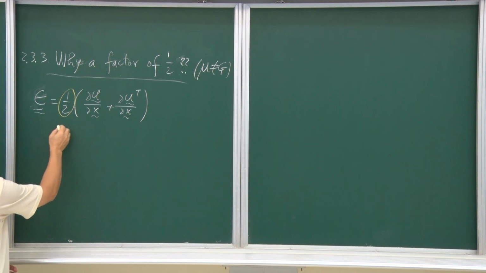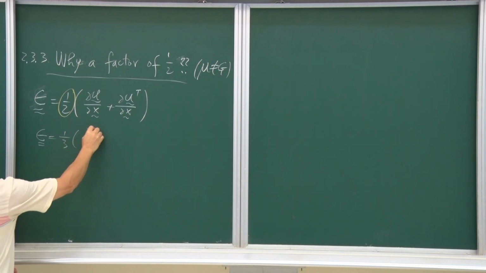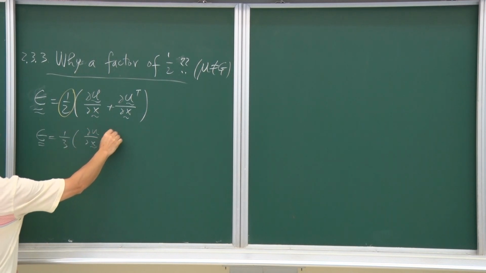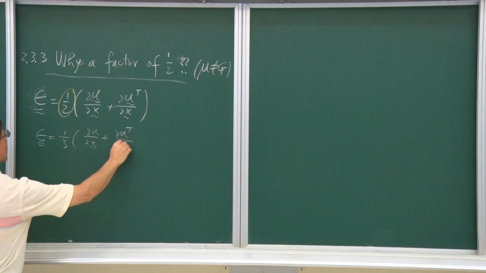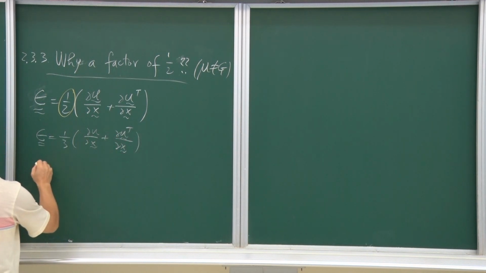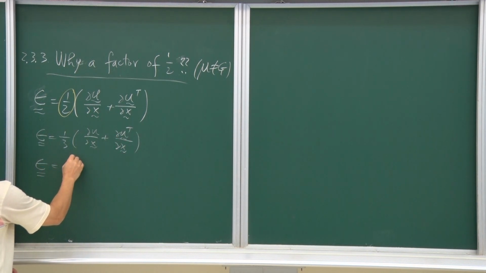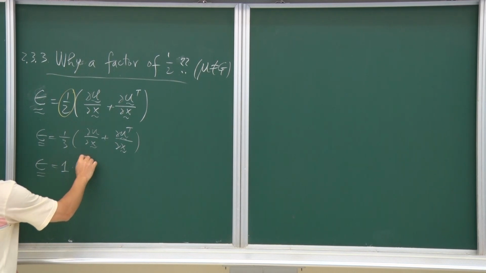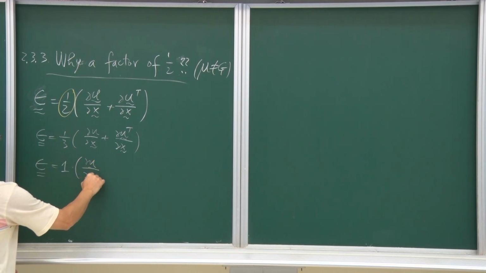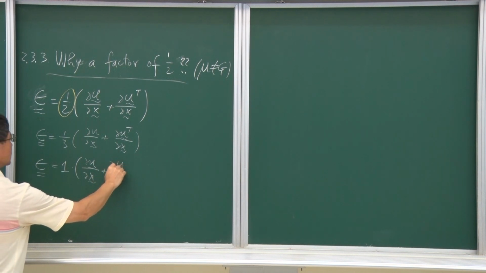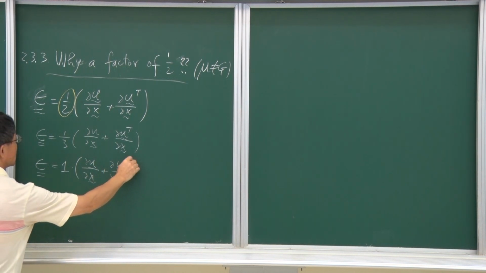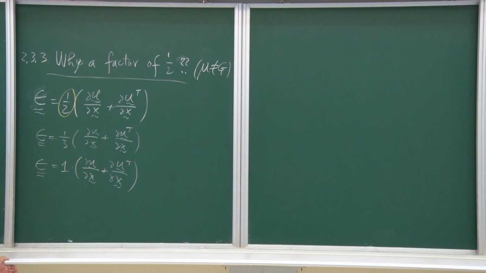Why not something like 1/3? Is it okay? Or 1? Is it okay? So we can have different choices. What will be the reason why we must have a factor 1/2 here?